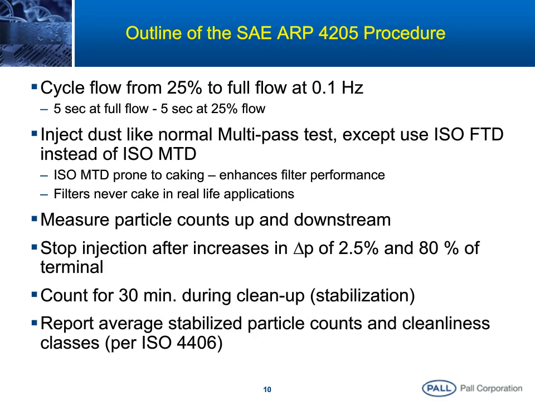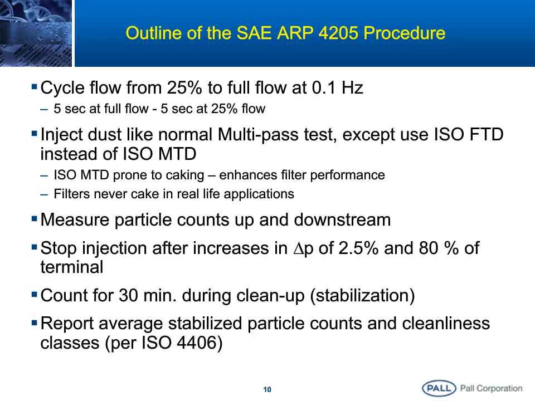The particle counts and the final cleanliness level of the test fluid at the end of the 30 minutes period is recorded. This provides important information about the filter performance. The cleanup allows contamination level of the test fluid to approach very low levels, similar to what we see in real-life conditions.